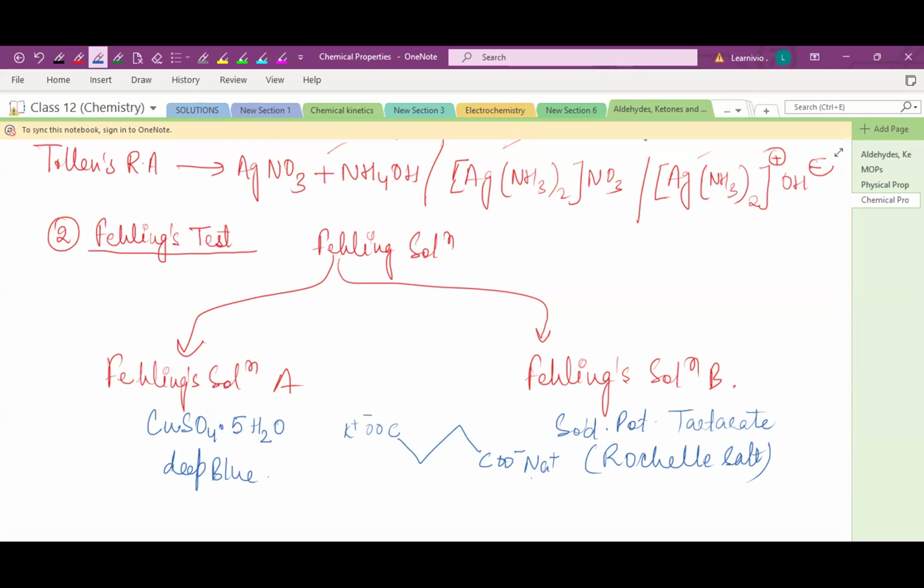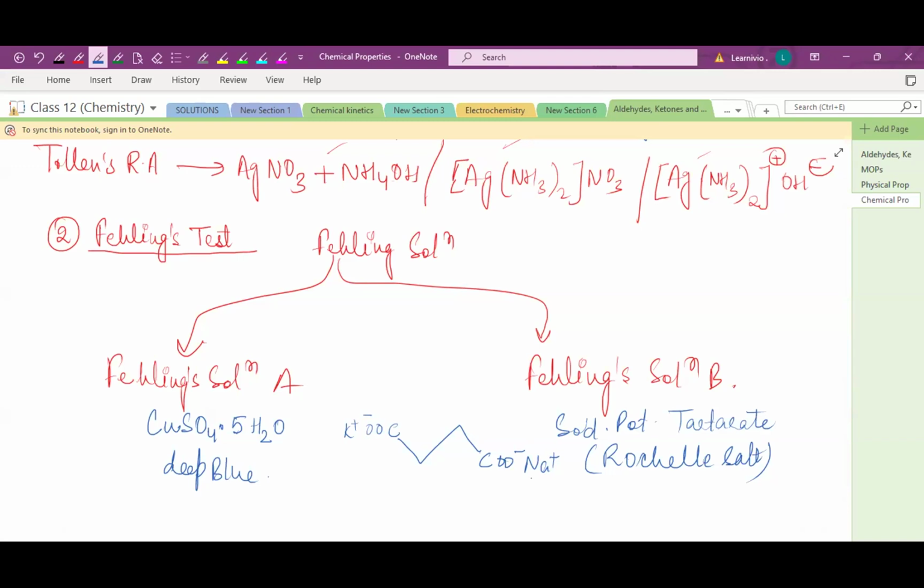Now, how does it work? When you perform the Fehling test, you have to add these two solutions, Fehling solution A plus Fehling solution B. When you combine these two, you also have to add a base, NaOH, sodium hydroxide.